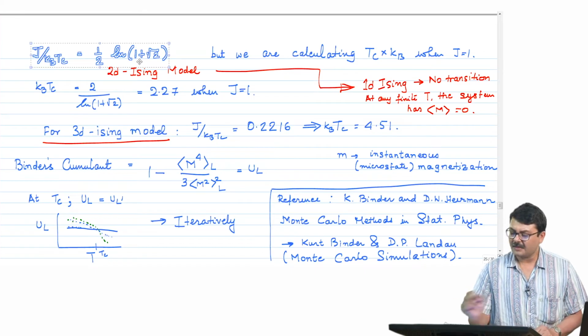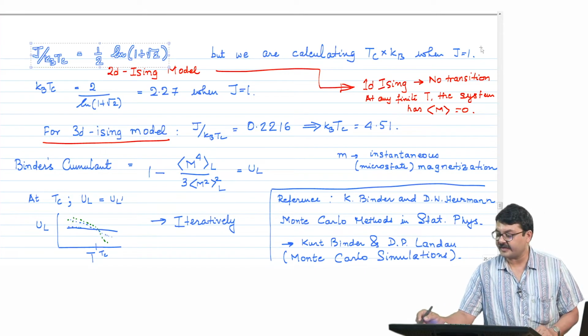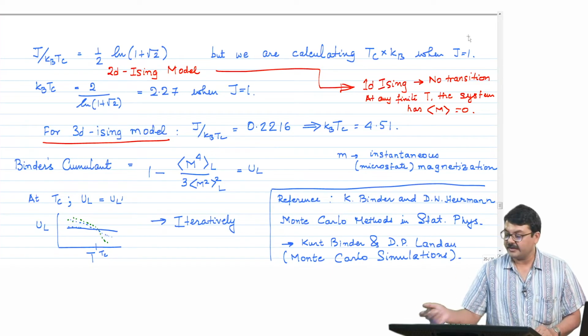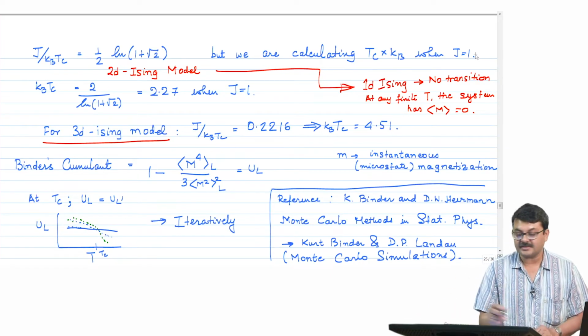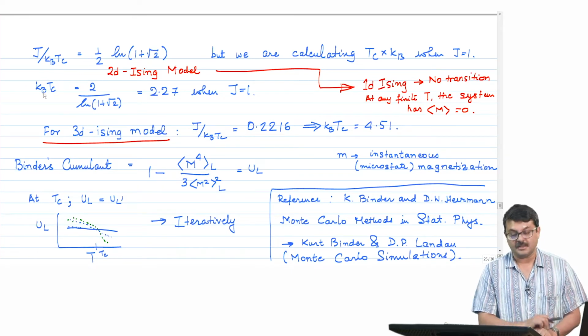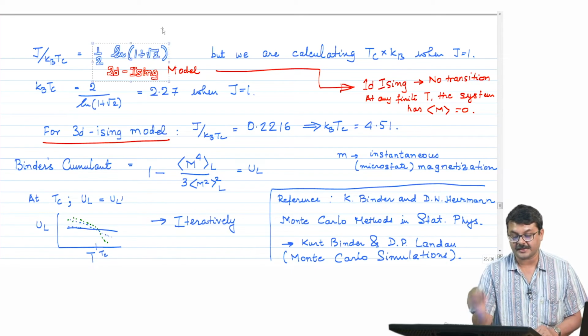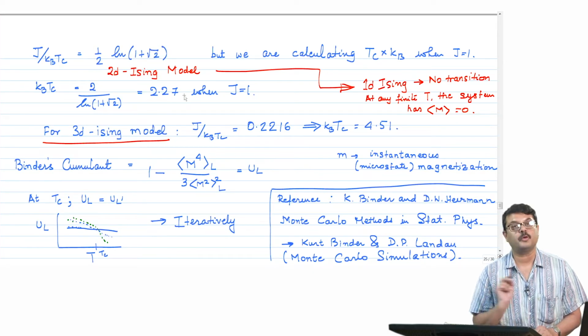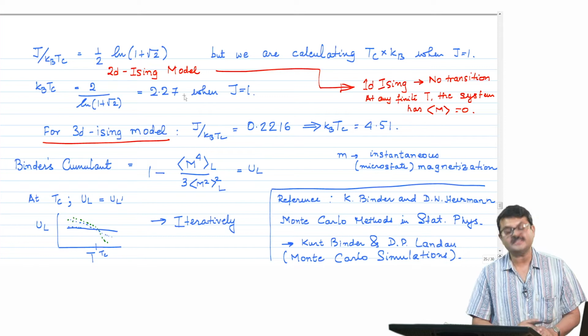But in our case, we have set J equal to 1 and we are measuring temperature in units of J. So, putting J equal to 1, the value of kBTC will be exactly this factor, and it is 2 by ln of 1 plus root 2, and when you put in the numbers, the value comes out to be 2.27 when J equal to 1.